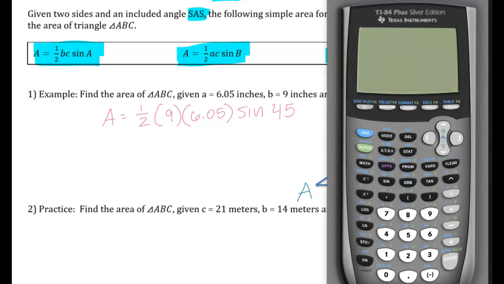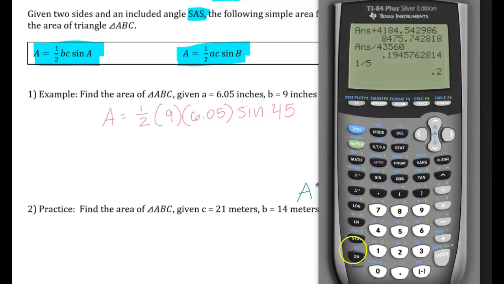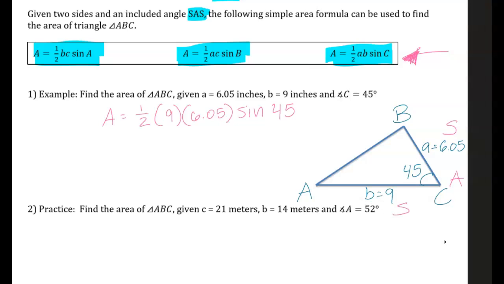We pull out our calculator. 1/2 times 9 times 6.05 times sine of 45. And we should get 19.25.